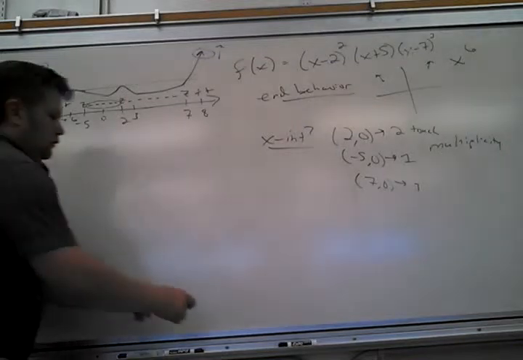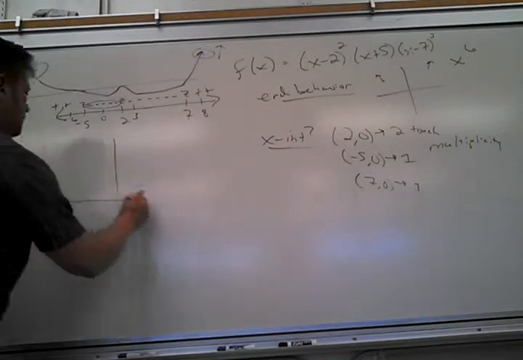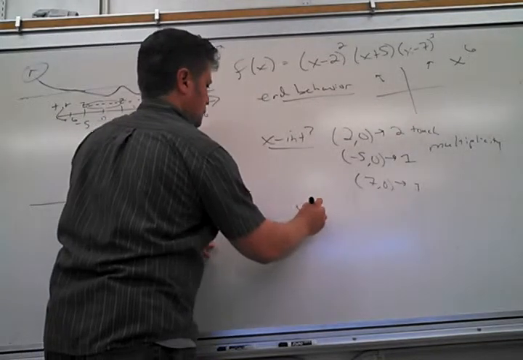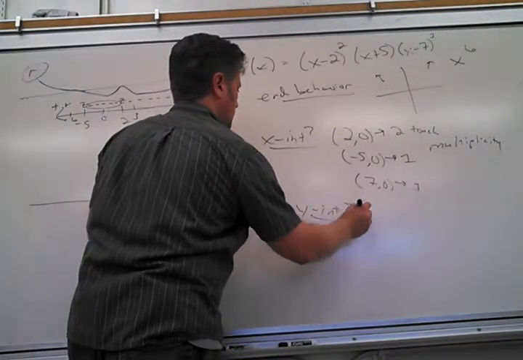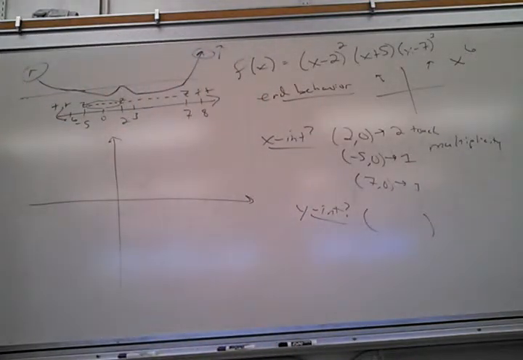So if I want to actually graph this thing, here's where it's going to get a little ugly, because I wasn't careful with my numbers. Somebody help me out. Let's figure out what my scale should be here. What is the y-intercept? Oh, it's big.